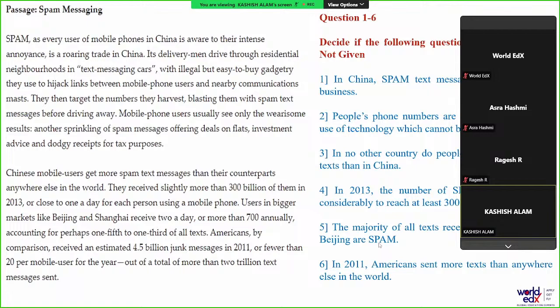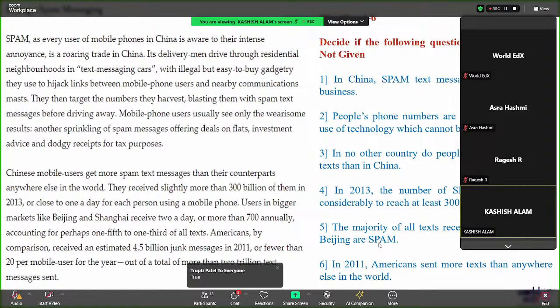Anyone with the third question answer? Okay.